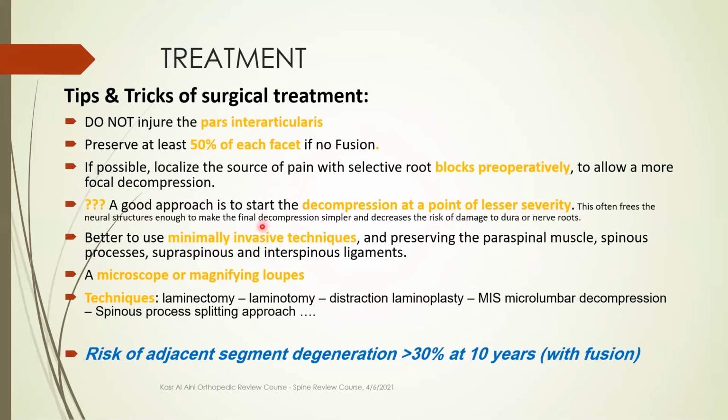This often frees the neural structures enough to make the final decompression simpler with less risk of damage. Better to use minimally invasive techniques with better preservation of soft tissue, microscope or magnifying loupes for better visualization, and different surgical techniques. Risk of adjacent segment degeneration is more than 30% after 10 years with fusion.